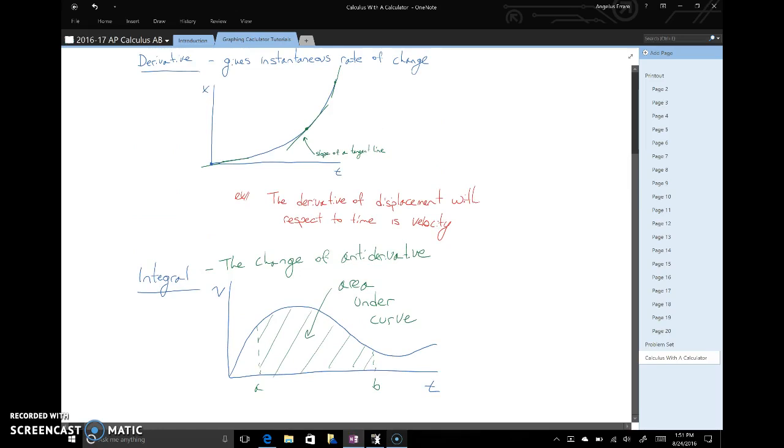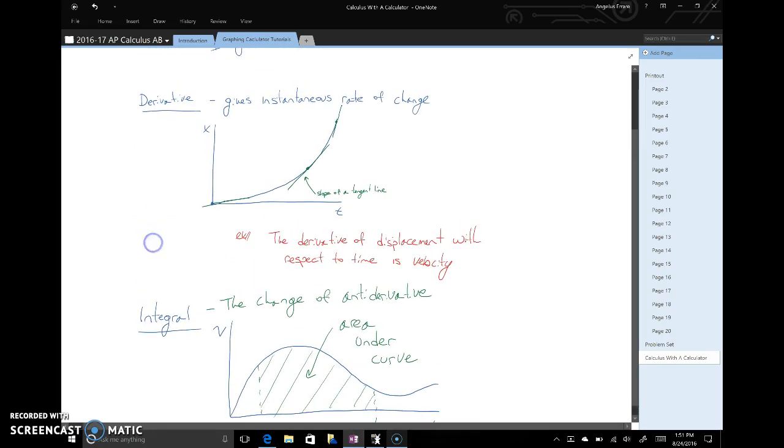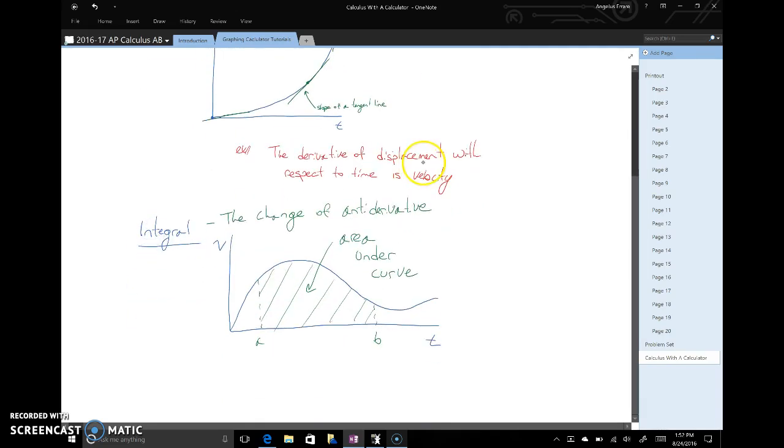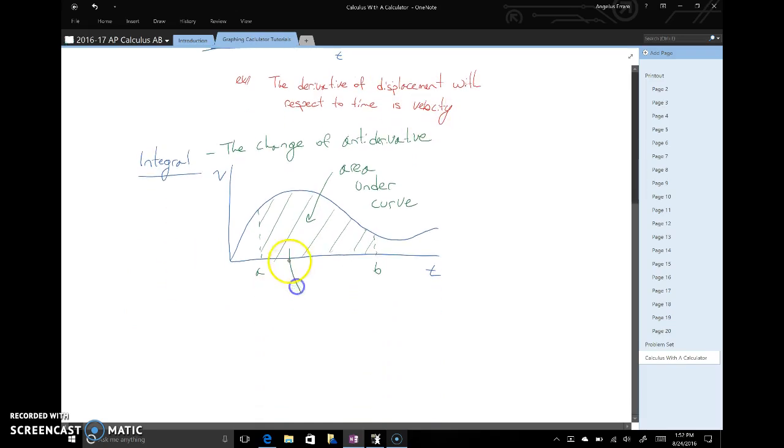Now, antiderivative means opposite of derivative. So when we took the derivative of displacement, we got velocity. So the opposite of that would be to go from velocity back to displacement. So this area represents the change in displacement.